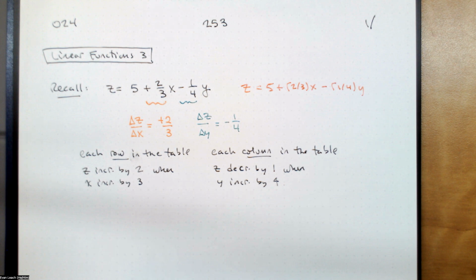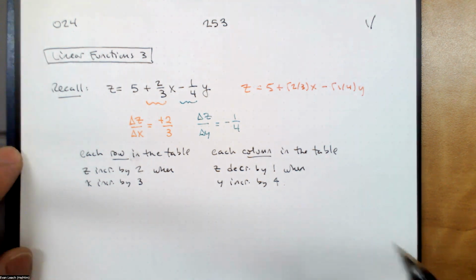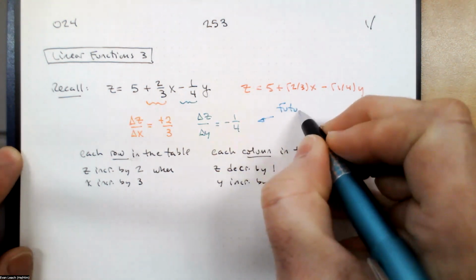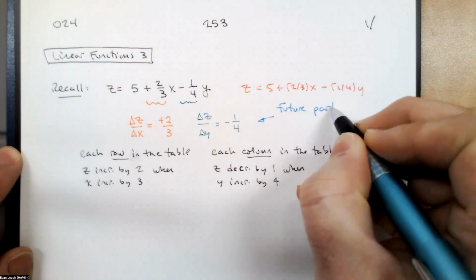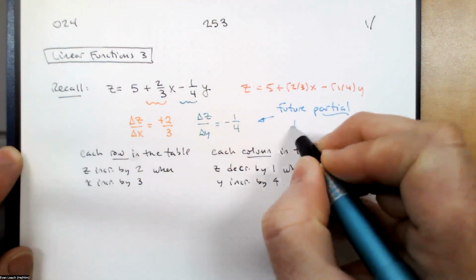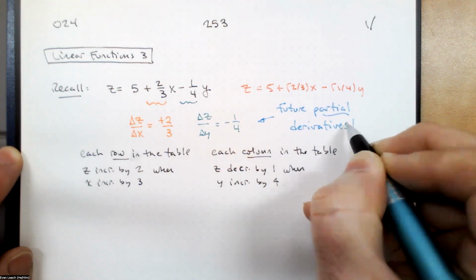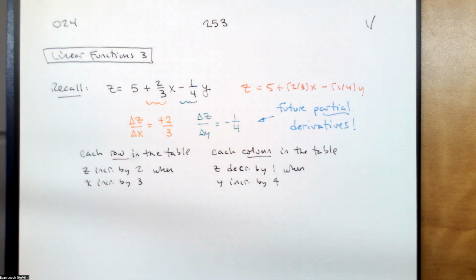These are future partial derivatives. All this talk about slope should make you think of derivatives because we are in calculus class. There they are. Eventually our delta z over delta x is going to be the infinitely small dz over dx.